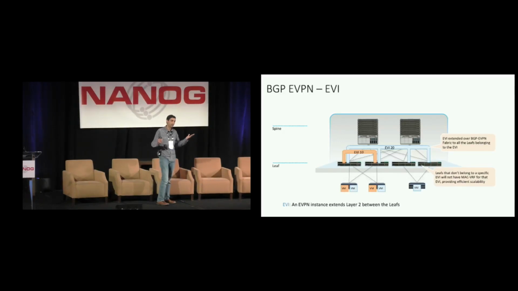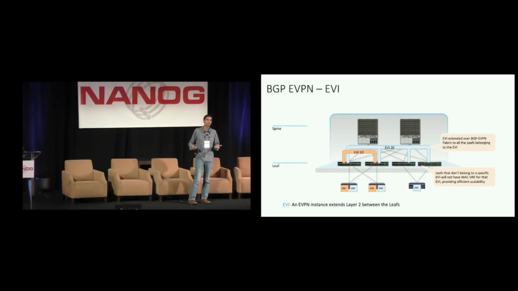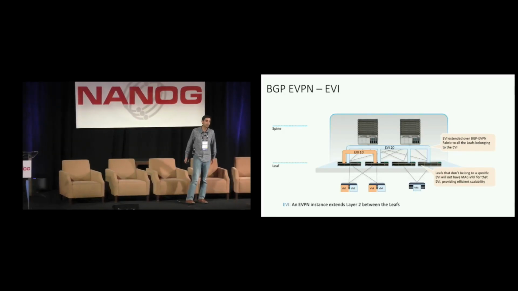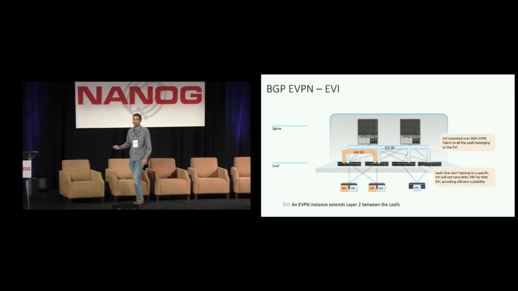The EVI or the MAC VRF for any given VPN overlay or layer 2 VPN instance would be present only on the leaves that participate in that VPN, and only those leaves would have the corresponding MAC VRF or EVI configured. Any other leaves in the data center that are not part of that specific EVPN would not have the corresponding EVI or MAC VRF present.